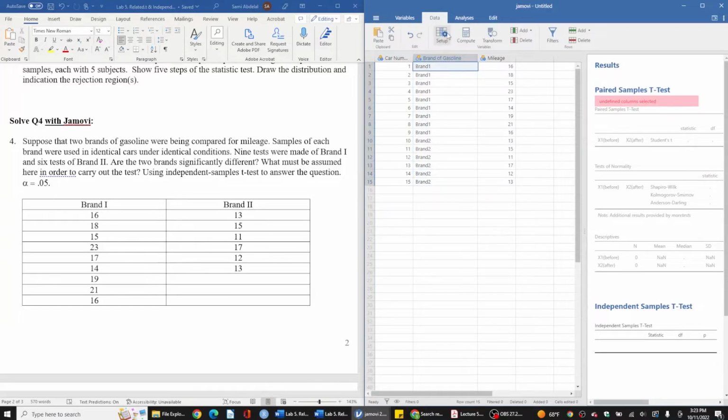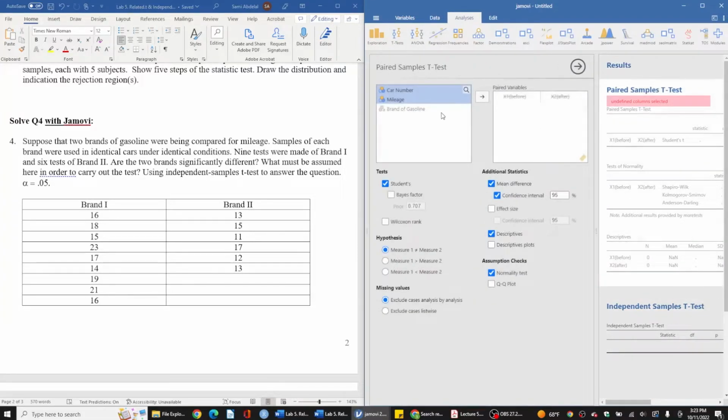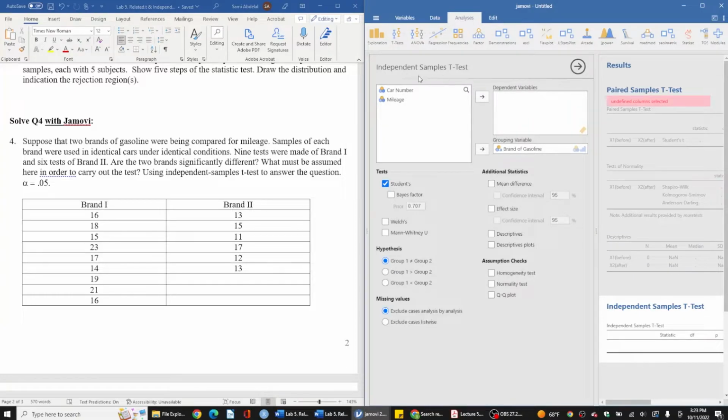Brand of gasoline, brand 1 or brand 2. And then the dependent variable was mileage, not car number, because car number would be similar to the ID of the participant. So let's go ahead and check off the same things.